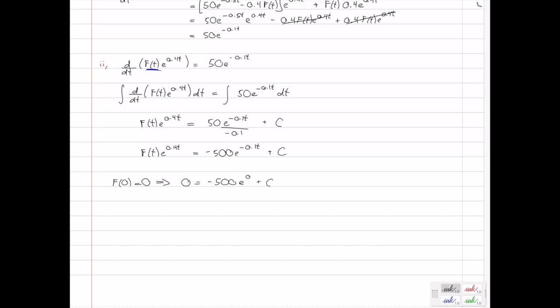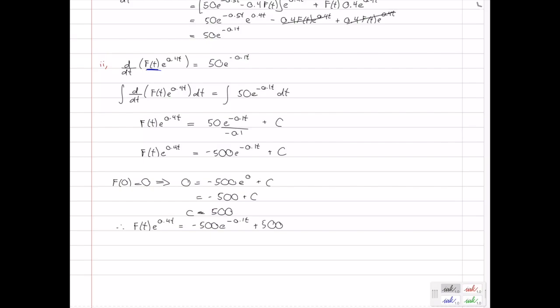So this is actually just equal to negative 500, and so c is equal to positive 500. So that means f of t times e to the 0.4t equals minus 500 e to the negative 0.1t plus 500.